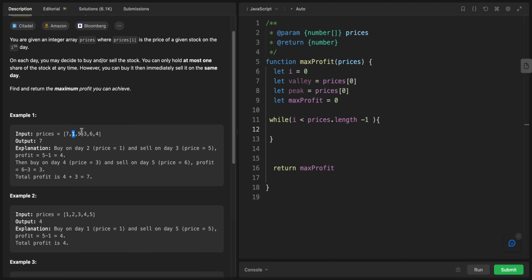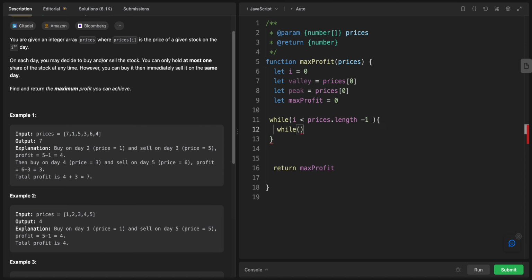So how can we do that? It's pretty straightforward. We could create a while loop to make sure that we take the element whose next element is bigger than it.